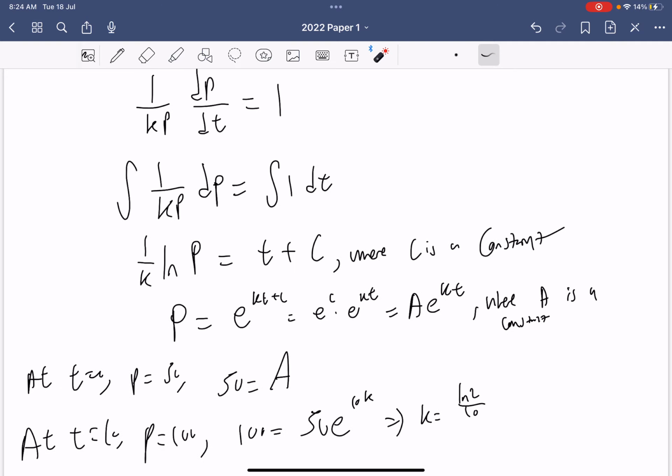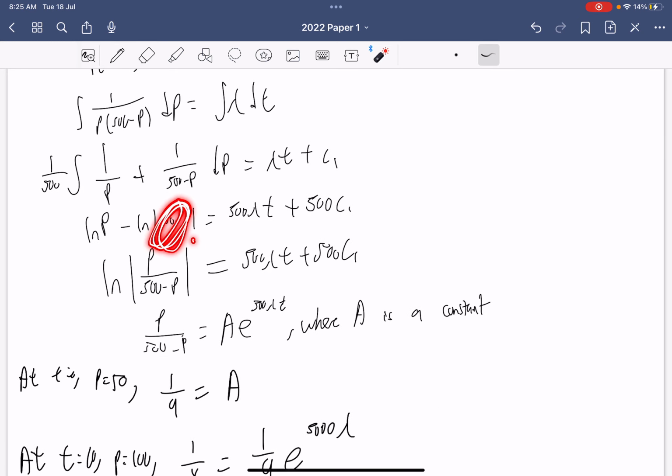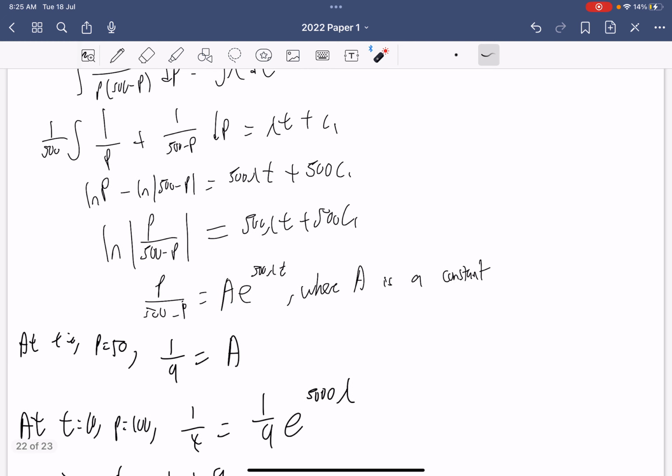Why I didn't write a modulus for P is because population has to always be positive. But for the 500 minus P, it may not be positive, so you need to put the modulus sign. But it doesn't matter, because when you expand out and remove the modulus, this modulus part will reduce back to a constant.